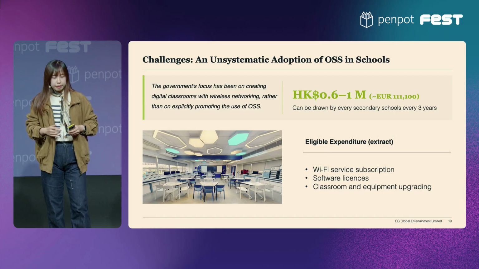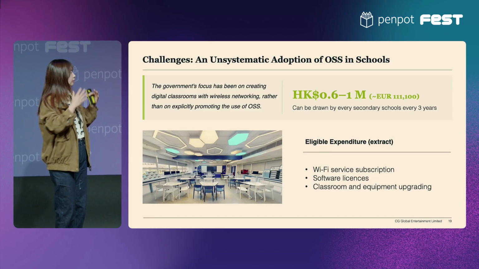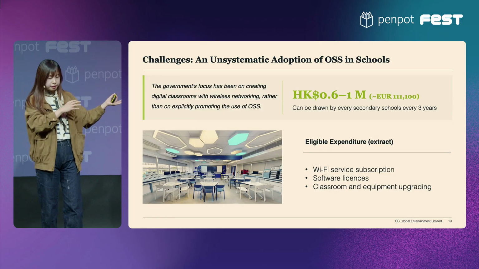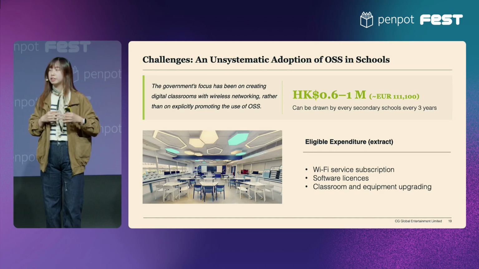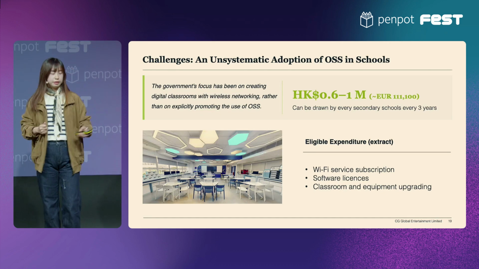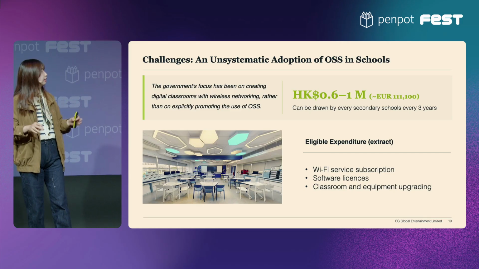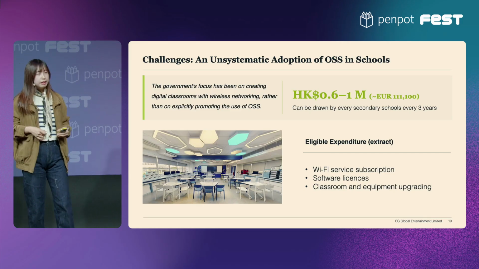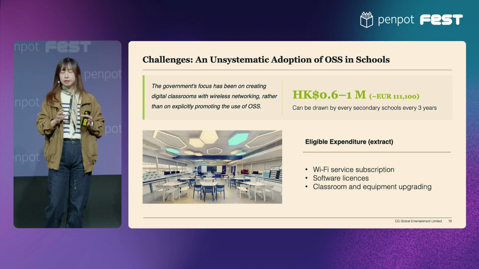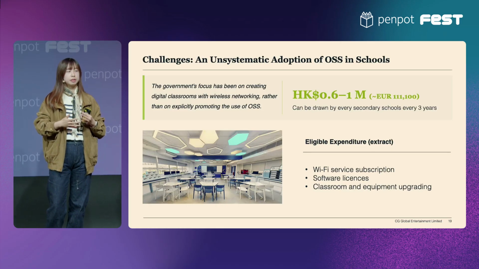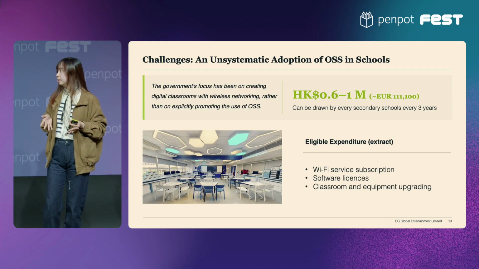But we find the majority of schools are spending such money on upgrading but not using open software. You can see that even though we have a fancy and futuristic classroom setting, like a smart classroom, we need very good content to help students learn all the essential skills to survive in the digital economy.